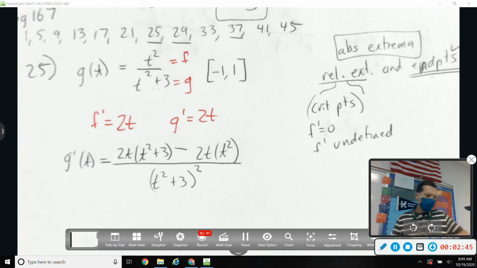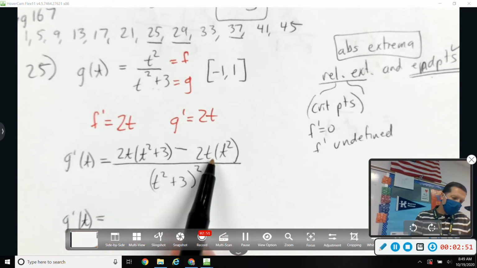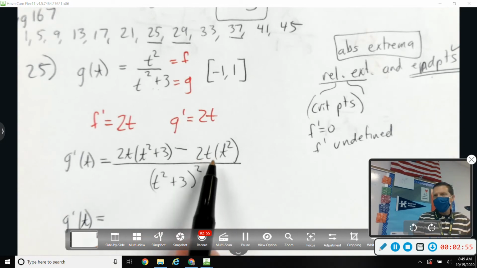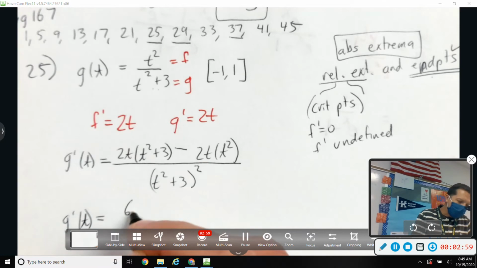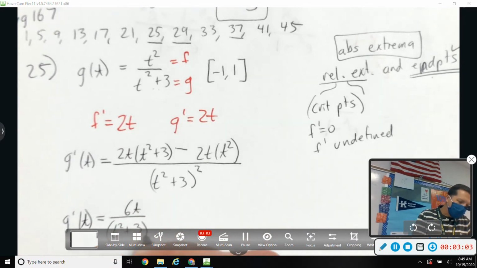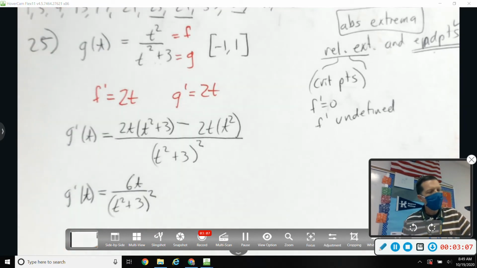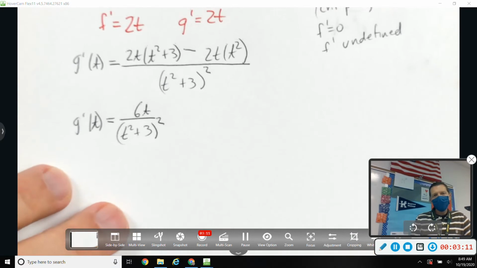Looks like a bit of a mess, but 2t cubed and 2t cubed will cancel out in the top, and I'll be left with just 6t. Constantly going back and forth between calculus and algebra here.